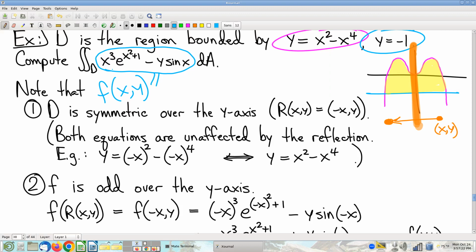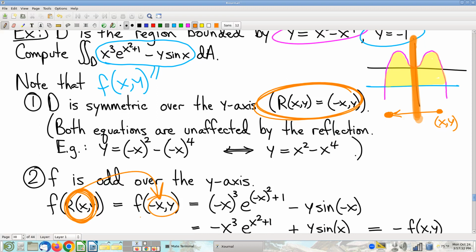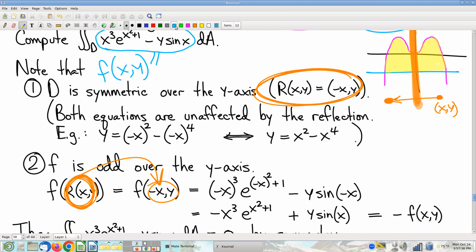And the way we're going to see this is we're going to take this reflection and plug it right into the function. And note that the function is going to just flat turn into its own negative. So f at the reflection, we've got some algebra to do to get there, but f of the reflection is the negative of the original value of the function. That's where that oddness is going to show itself.